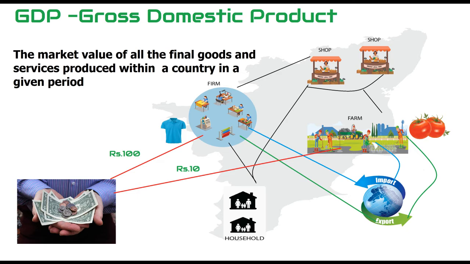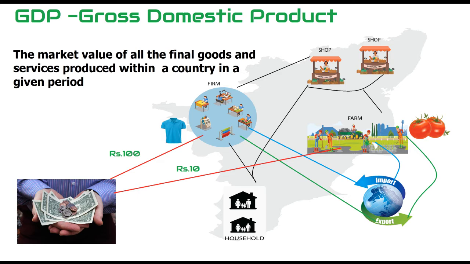And it is a final product. After producing the shirt, we are selling it at 100 rupees, so the market price is 100. So the market value of that shirt is 100 rupees, and the GDP contribution is 100 rupees.